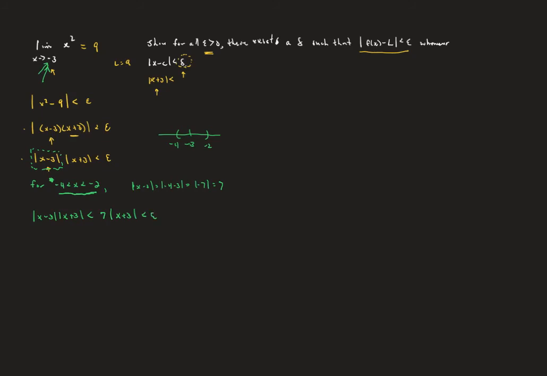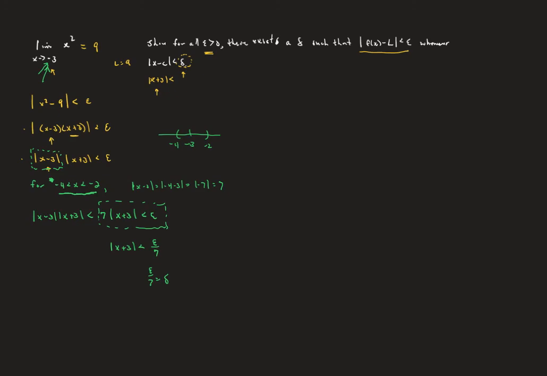Okay, that's the tricky part. So from here, I no longer have that issue that I had before of dividing by something that might be 0. So now I'm free to divide that 7 over, and this then is going to be my delta.